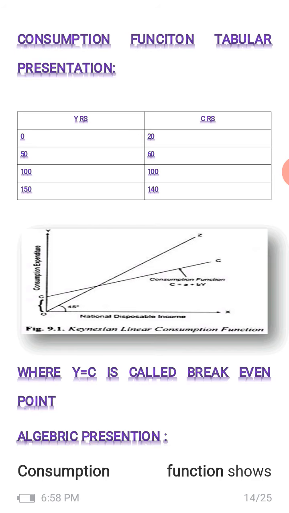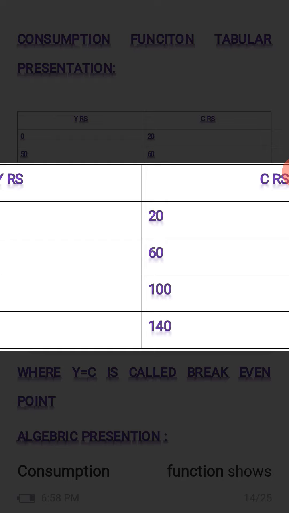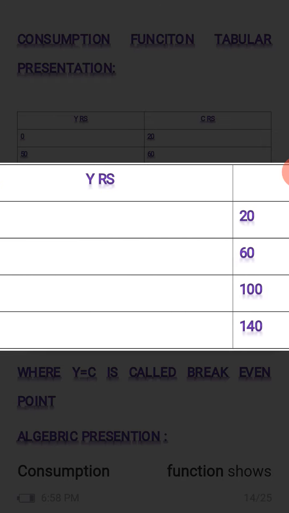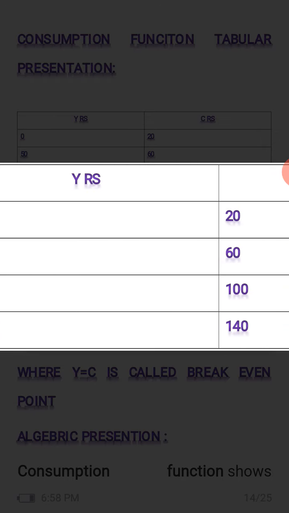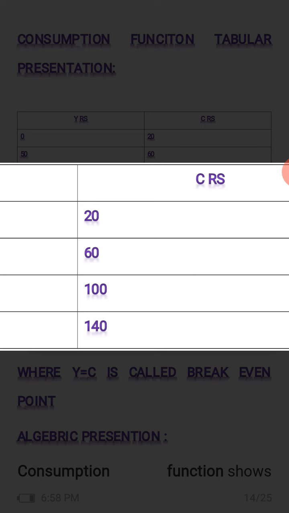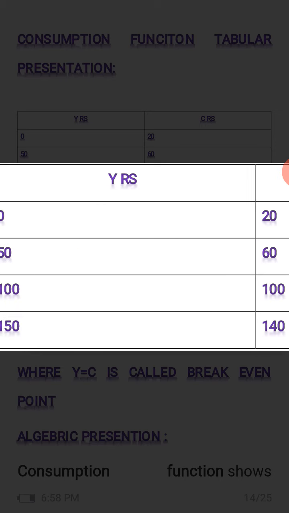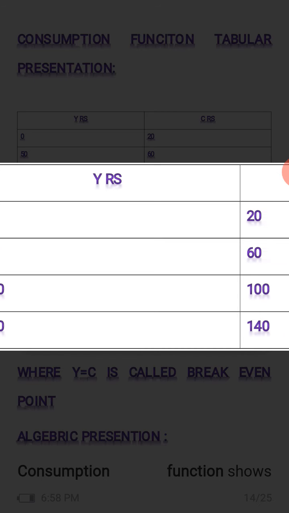Now the tabular representation of the consumption function: Y is income, and C is consumption. When the income is 0, consumption is 20. Again, these are in increasing order.